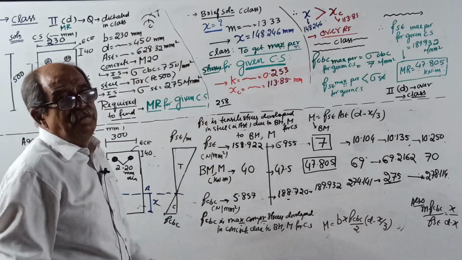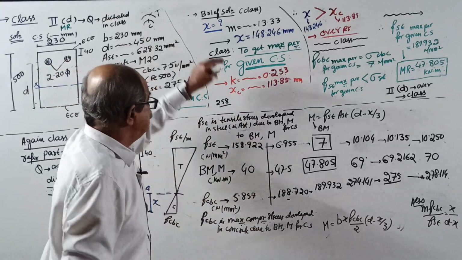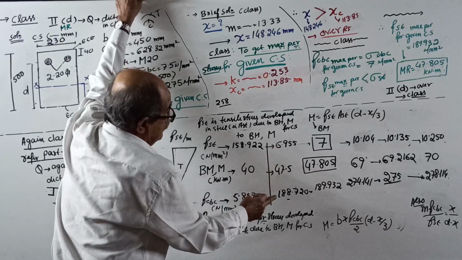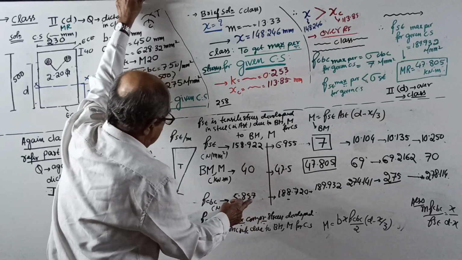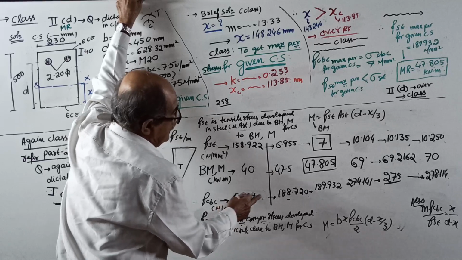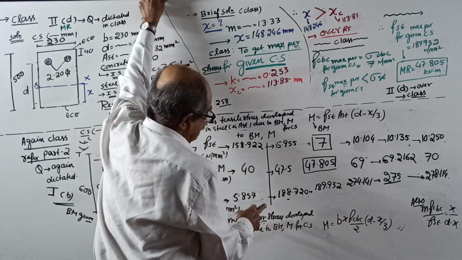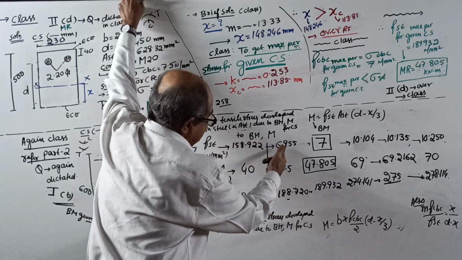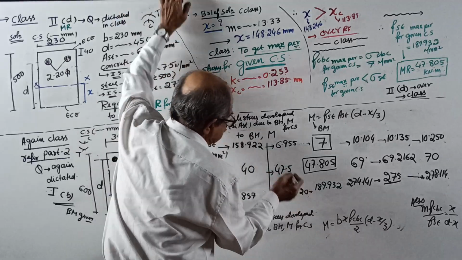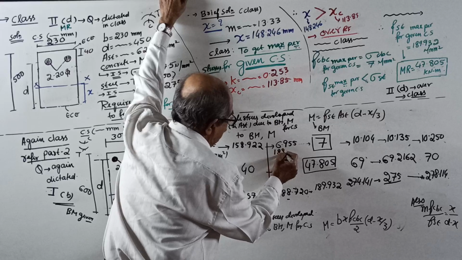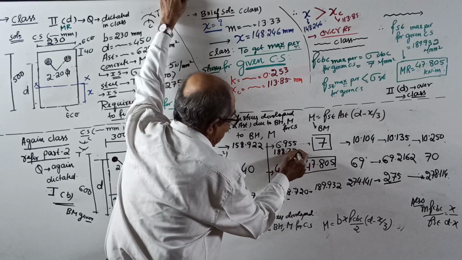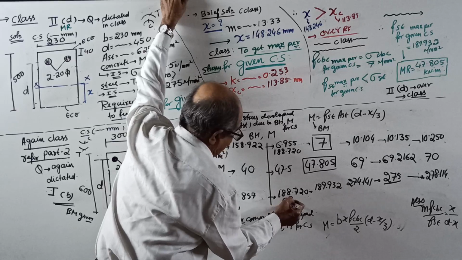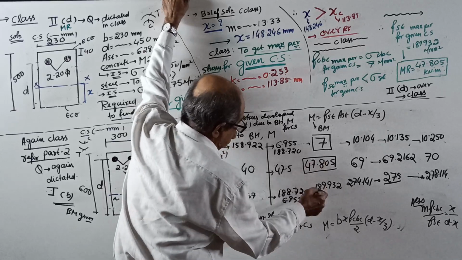Then I gave a bending moment of 47.5. Concrete stress jumped to, see, I forgot to change the values here. I changed this side, but that side I did not change. I change it now: 188.723. Everything is over, only the numbers here were not changed. 6.9, okay, not an issue.